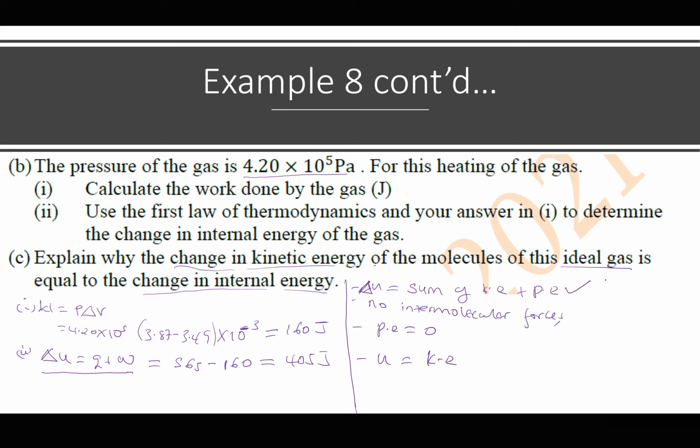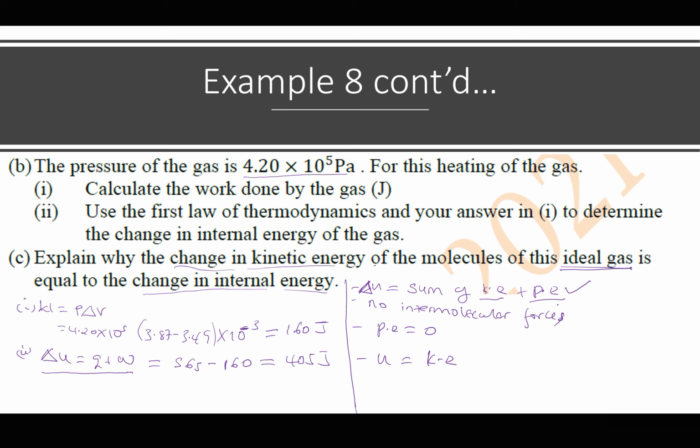Internal energy of a system is the sum of the random distribution of the kinetic energies and the potential energies of all the molecules which make up the system. But if the gas is an ideal gas, the molecules are so far from each other, infinitely far, that the intermolecular forces are negligible. And potential energy depends on those intermolecular forces.